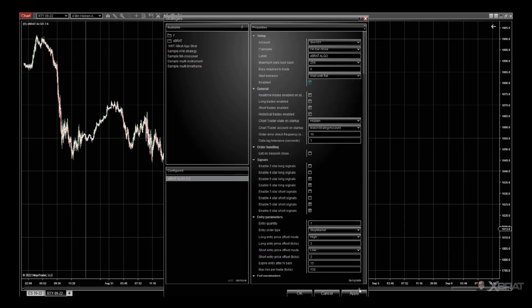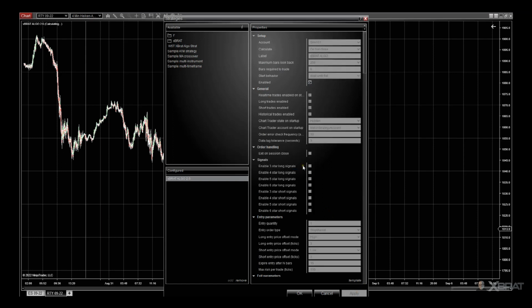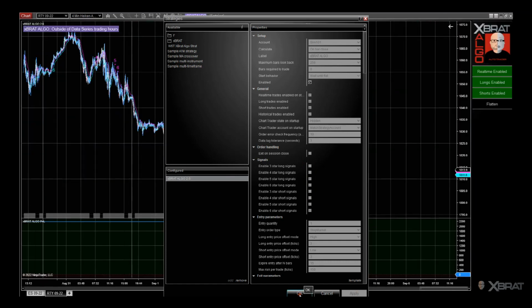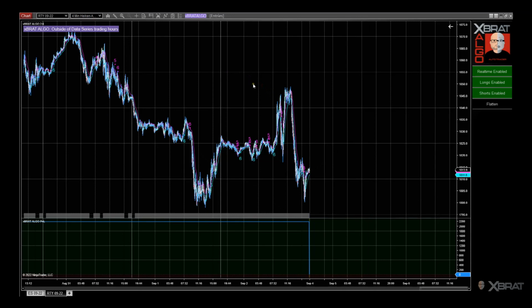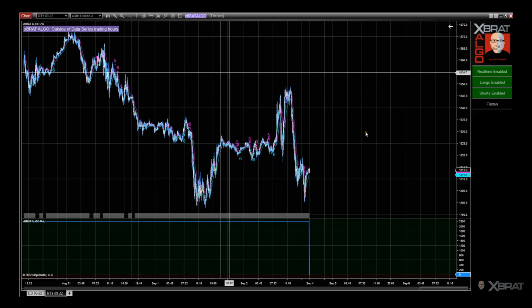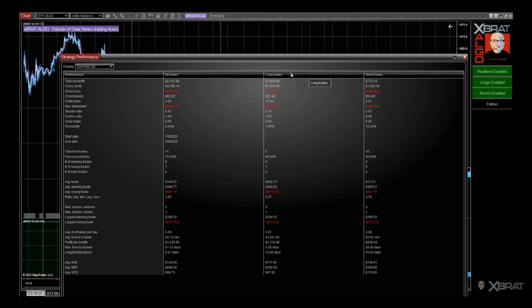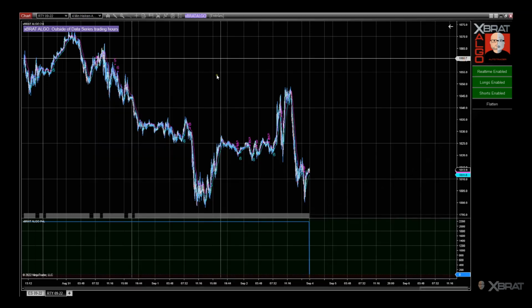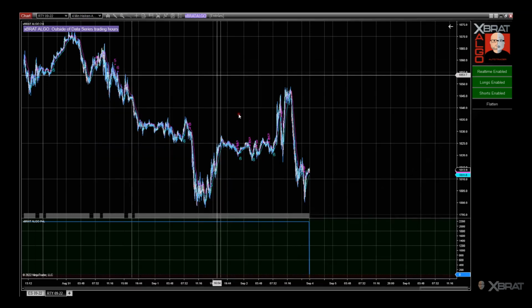Just click enable and let's see what it does. Again, all those filters are there, but some of them won't make a difference. If those max 3 consecutive losers were over a couple of days, then this won't affect it, obviously. Shorts, no, that doesn't affect it at all. I'm going to try one more thing and put it to 1.